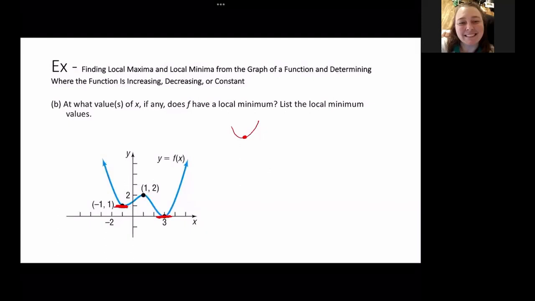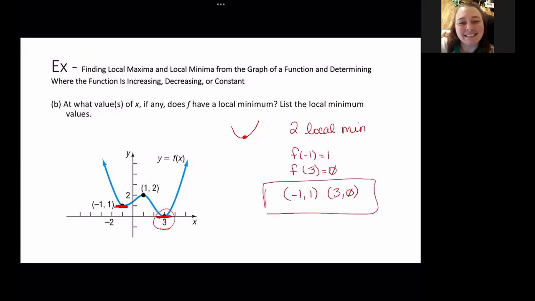So there are actually 2 local mins, and they are at f of -1 equals 1, and f of 3 equals 0. Or they're at points (-1, 1) and (3, 0). So you have 2 local minimums happening.